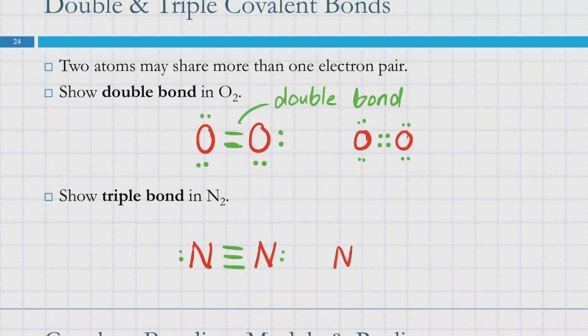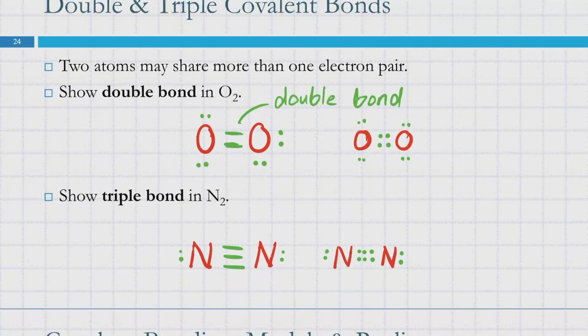If we wrote it out instead with dots, we'd have 6 dots between them. In both of these cases, each of the atoms has a full octet. For the oxygens, we've got 2 bonds, that's 4 electrons. We've got 2 lone pairs, that's another 4 electrons.